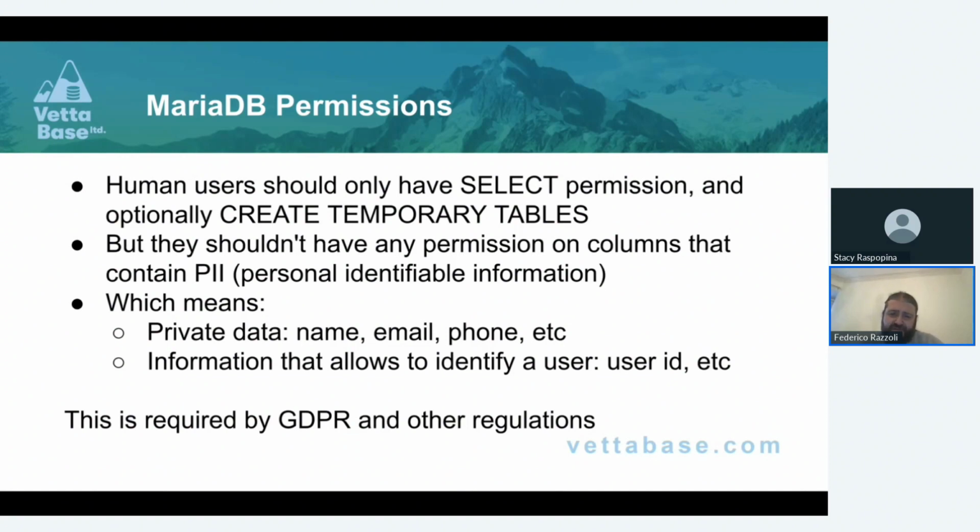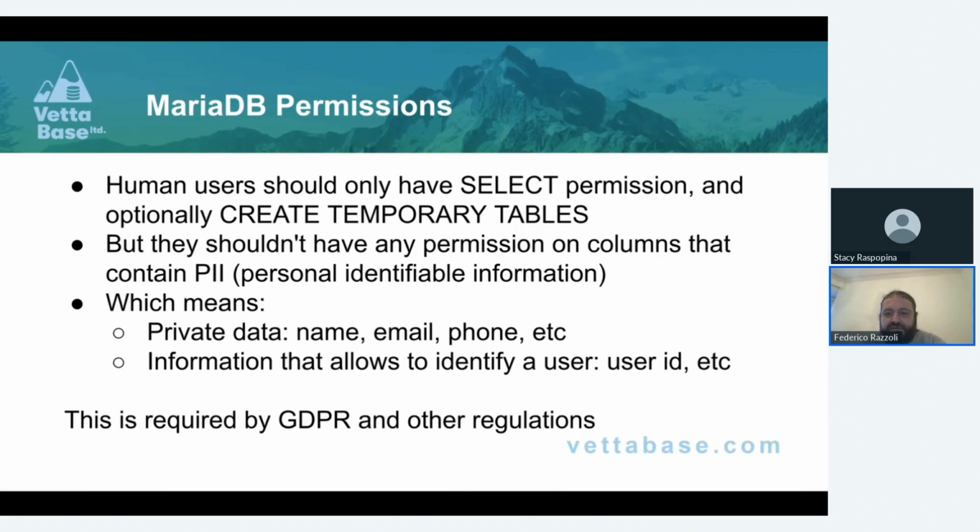But it's also information that is theoretically not private, like a user ID, but it could allow you to be identified in the database, and to see that, for example, you purchased something or performed some other action.